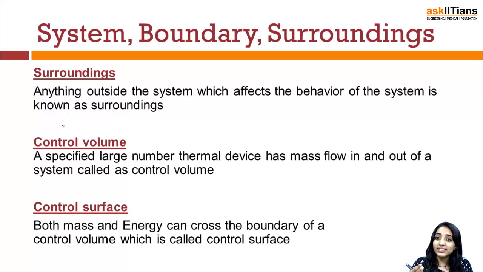The other case I can take, I am in my home and I am holding a cup of coffee. Whether I am sitting here holding a cup of coffee, or sitting at my home holding a cup of coffee, the system is still the same but the surrounding is different. So this is all about surrounding.